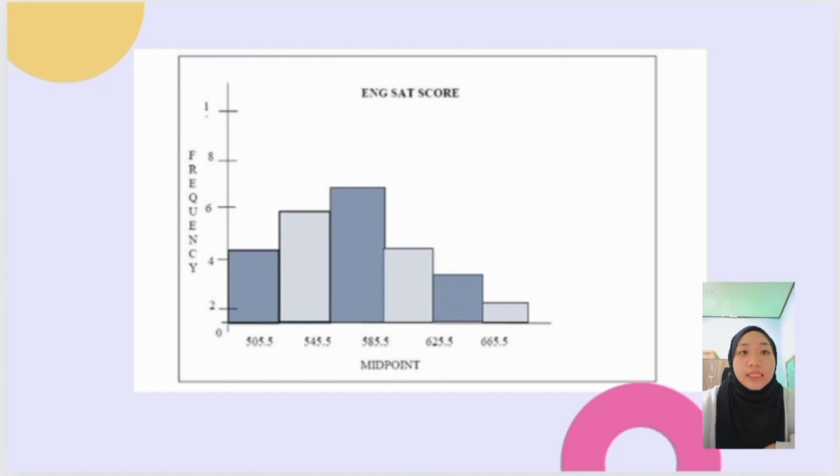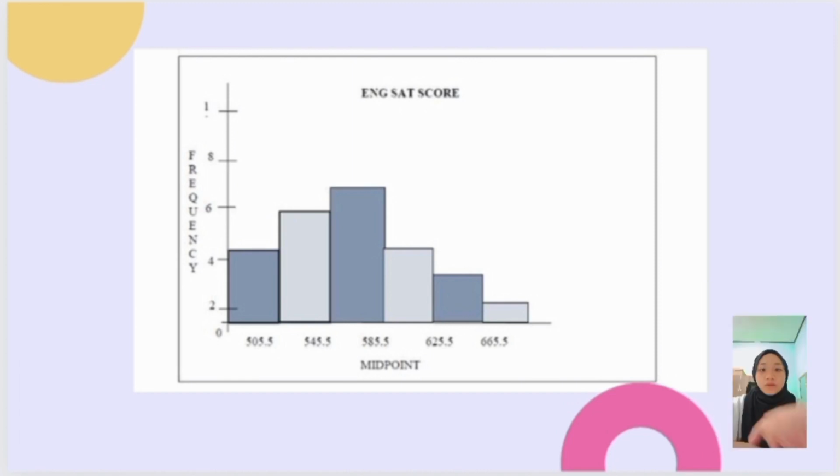The fourth class, the midpoint is 646 and the frequency is 1. The next, the midpoint is 673, the frequency is 3. The last class midpoint is 700 and the frequency is 3.